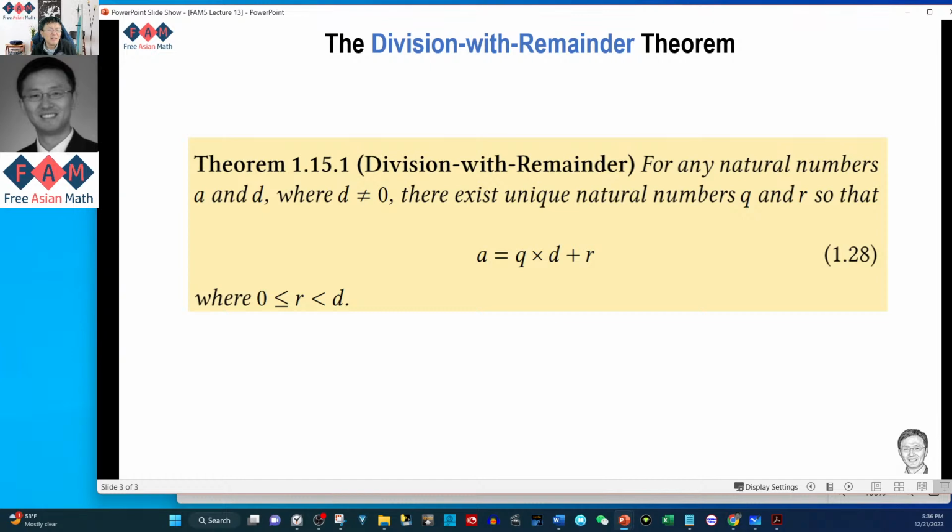Once again, this is an extremely important result, and it also embodies an operation, what we call an algorithm. It's a procedure that we can follow, and this procedure will allow us to actually find this Q and this R, the quotient and the remainder. Okay, I cannot emphasize how important this result is.